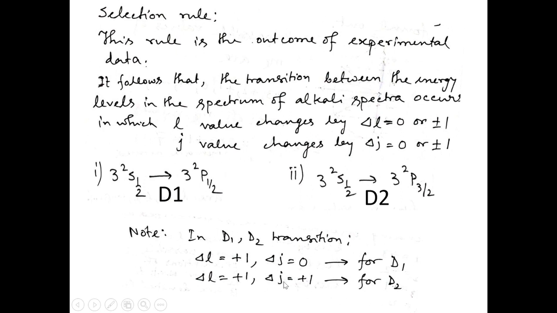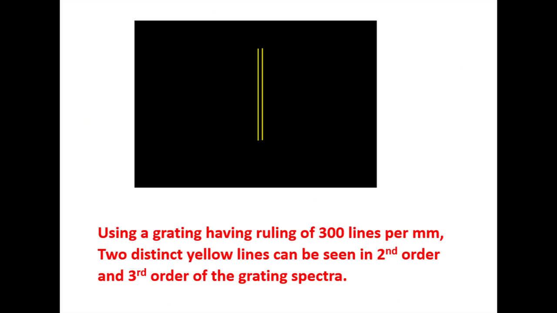Now we can check these D1 and D2 lines in our laboratory, and there is one experiment in Semester 5 in the Calcutta University syllabus. Sodium D1 and D2 lines can be seen very clearly in our experimental lab using a spectrometer and a grating having ruling of 300 lines per millimeter. Then two distinct yellow lines are seen in the second order and third order of the grating spectra.